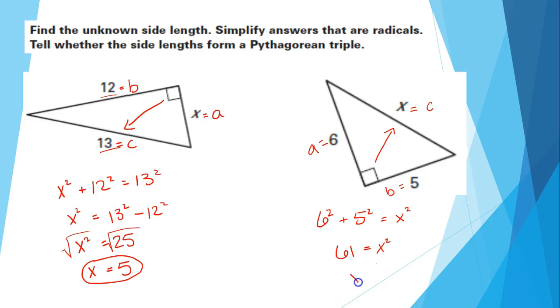Take the square root of both sides. We get x equals square root 61. 61 is a prime number, so there's no factors we can actually take the square root of. So that is our answer right here. Since this value is not an integer value, square root of 61 is some long decimal number, these three values, 6, 5, and square root of 61, is not a Pythagorean triple.